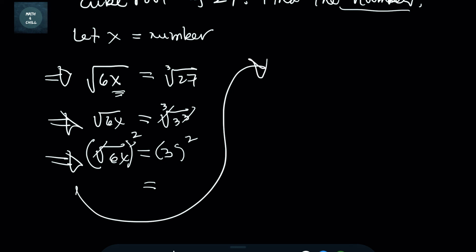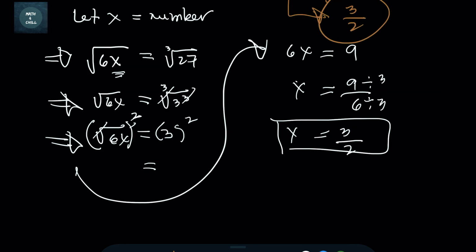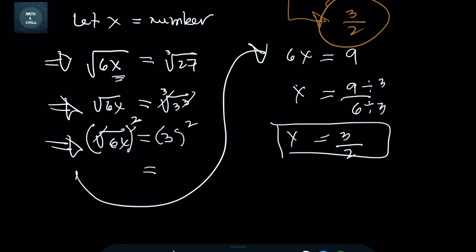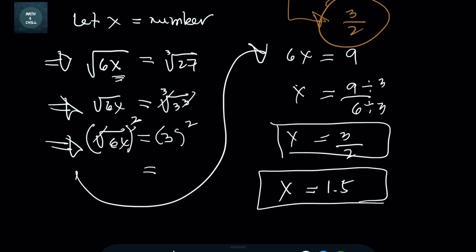So what we have is 6x is equal to 3 raised to 2 is 9. Therefore, value of x is equal to 9 over 6. Or this is also equal to x is equal to 1.5. They are both correct.